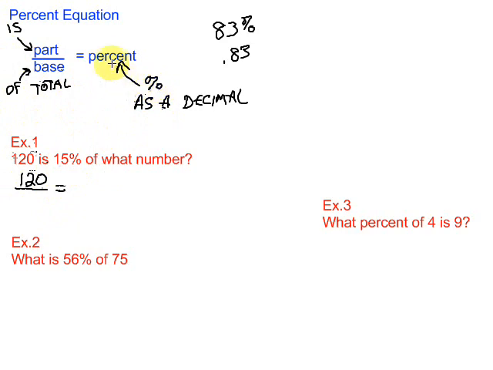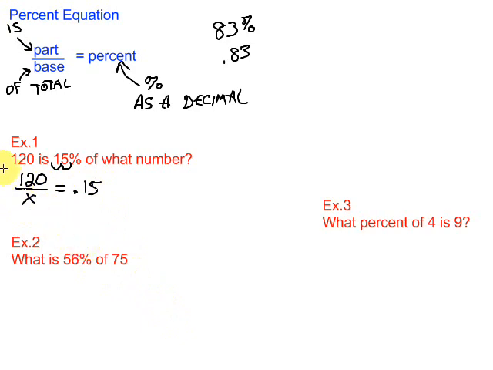Well, 15%, that's the percent, but we must write it as a decimal. So I need to convert that into a decimal, so I move it 2 spots to the left. So I put in 0.15, like so.